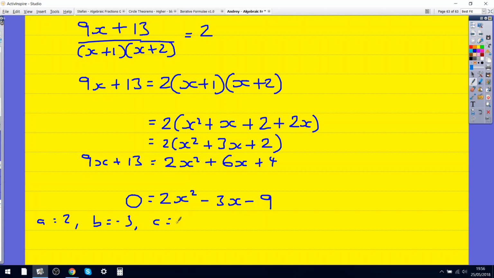That's it. I just want to see, will this one actually factorize? So if we put this into two brackets, one is going to have 2x and the other will have 1x. Will that be possible? So the minus 9 could be written as minus 3 times plus 3.